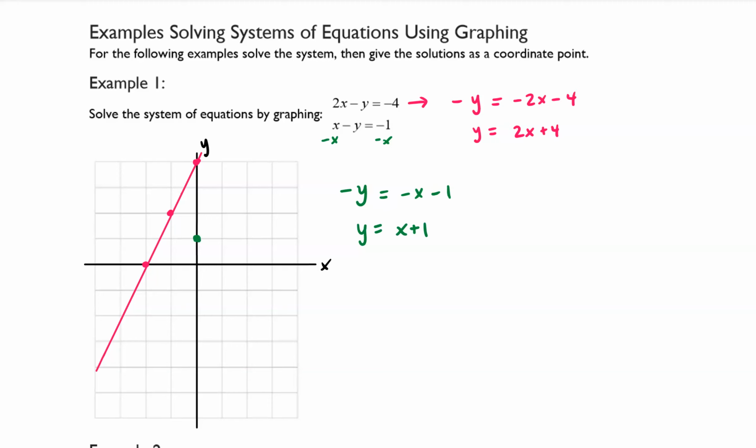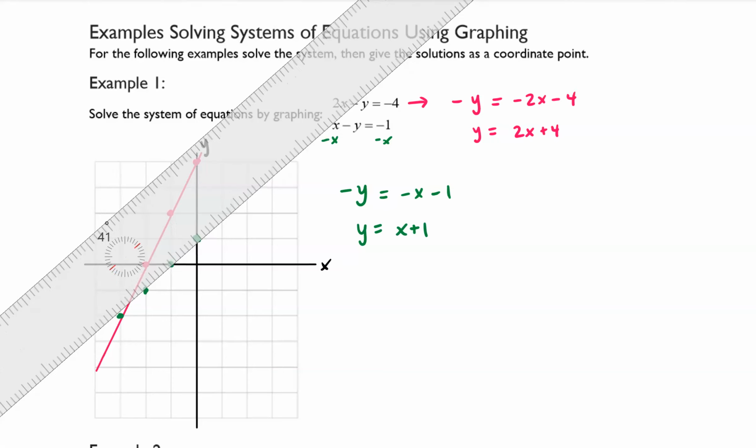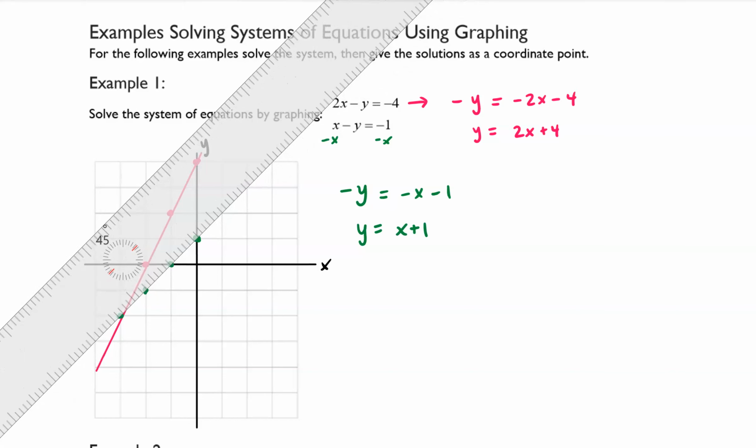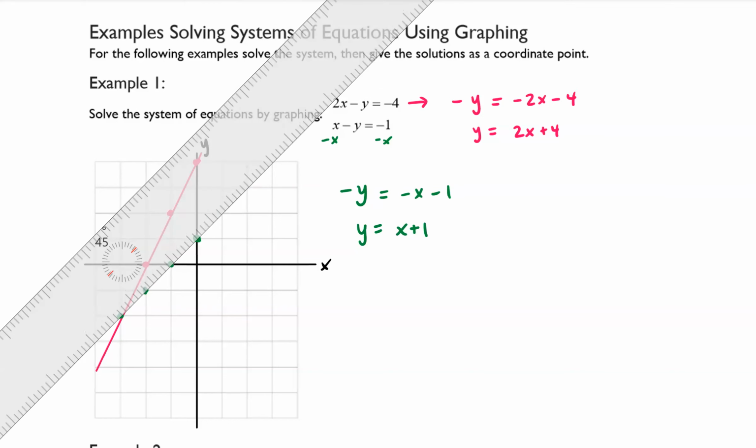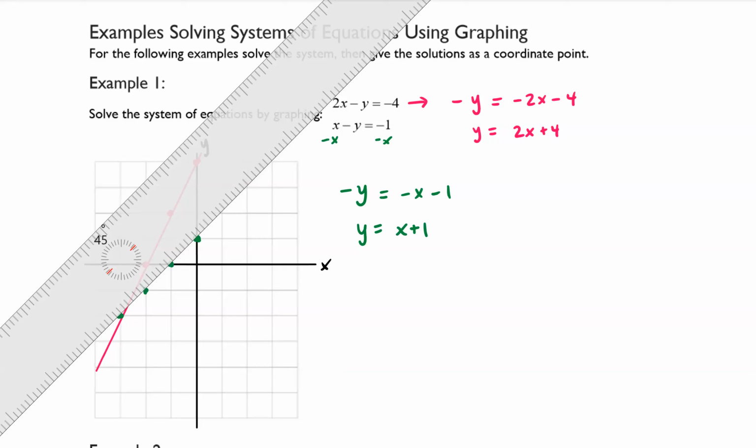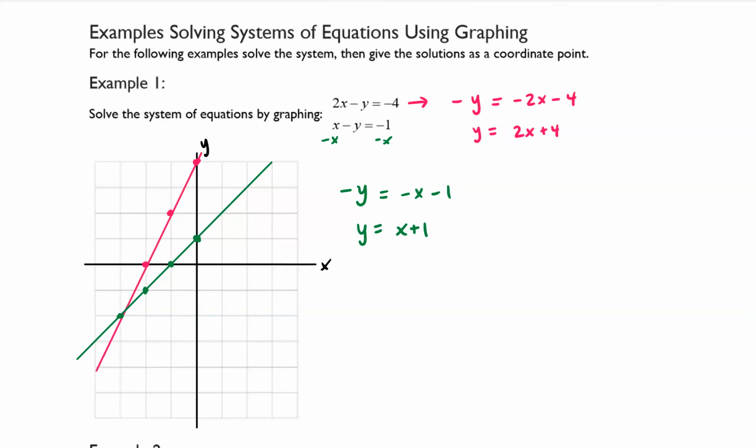And then my slope is 1, so I could go down 1, left 1, down 1, left 1, down 1, left 1. And if I connect those with my ruler, that's going to look something like that.